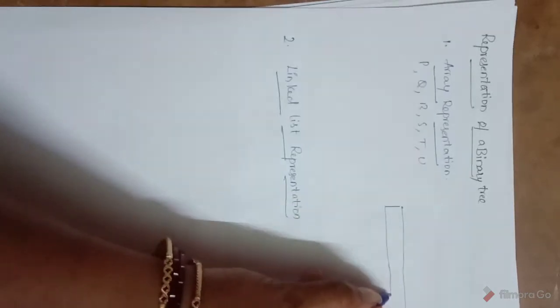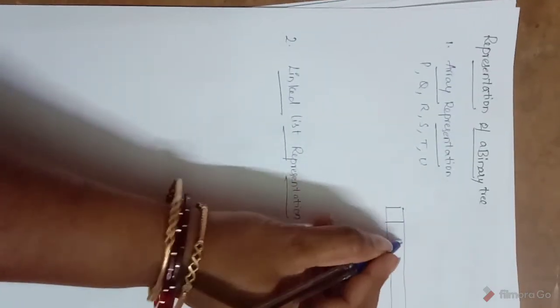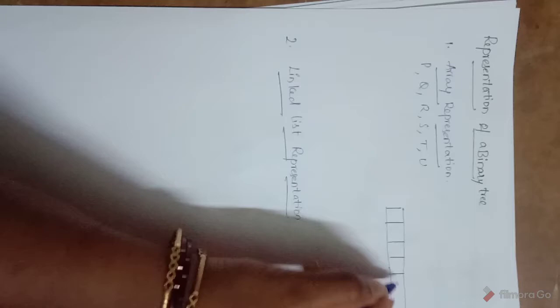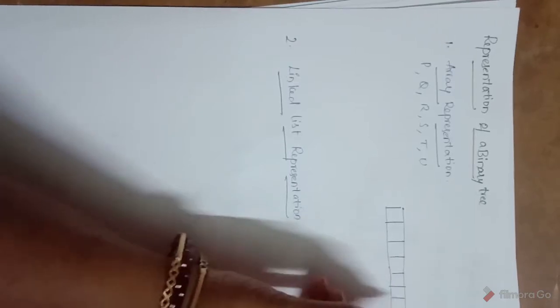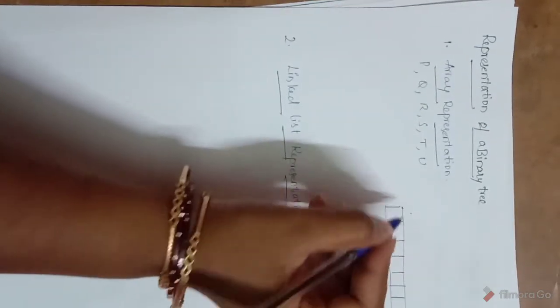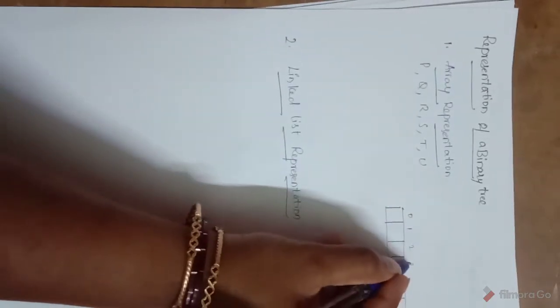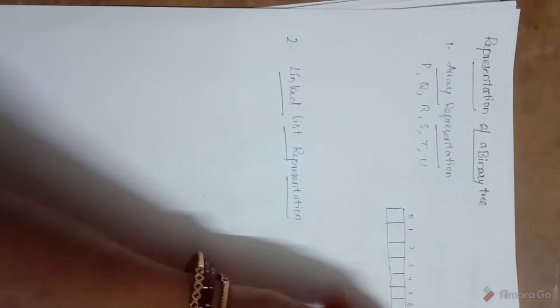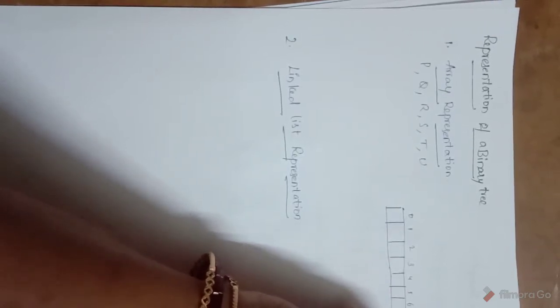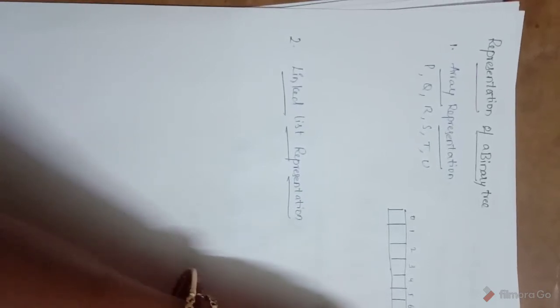If we construct a binary tree using an array, we can place the elements at positions 0, 1, 2, 3, 4, 5, 6, 7, 8, 9, 10. Let us consider the 10 positions over here.